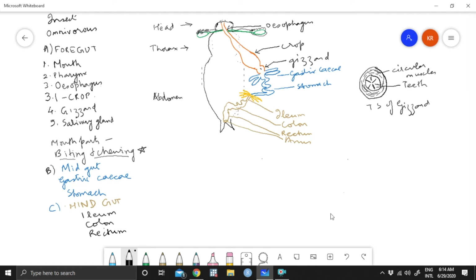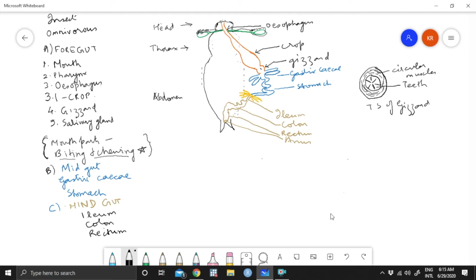We will get foregut. In the foregut we get mouth over here. Mouth will have different mouth parts which are made up of tough chitinous structures, and they are all called biting and chewing mouth parts. You need not draw any diagram for mouth parts of the cockroach. It is not expected here.